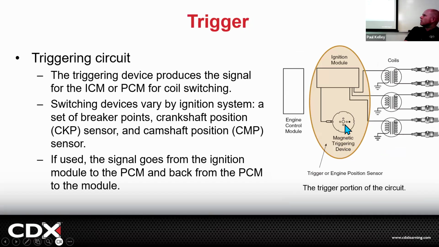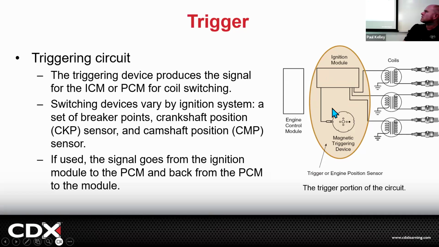So the trigger is this pickup sending a signal to this ignition control module, and the ignition control module is making the connection and taking the connection. So you can kind of look at it either way. If you want to lump them together, it's all part of the primary, and the primary includes the trigger.